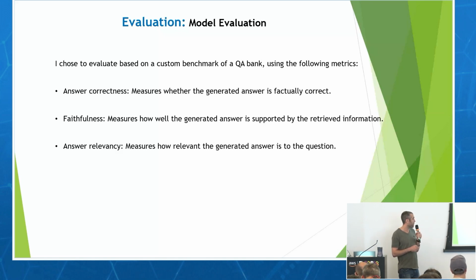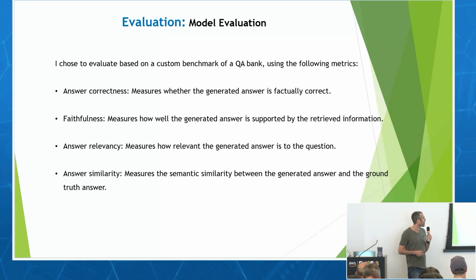We want to check the answer relevancy, which checks how relevant the answer is to the question. And lastly, we can check the semantic similarity between the generated final answer that you got from the agent and our ground truth.